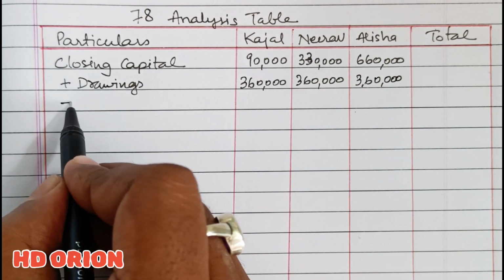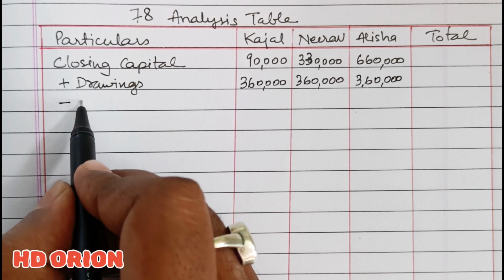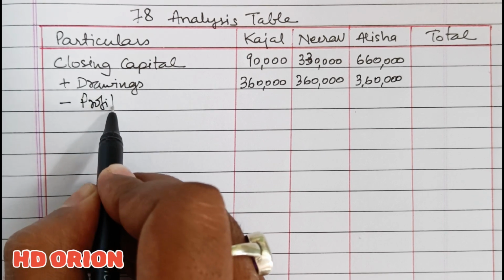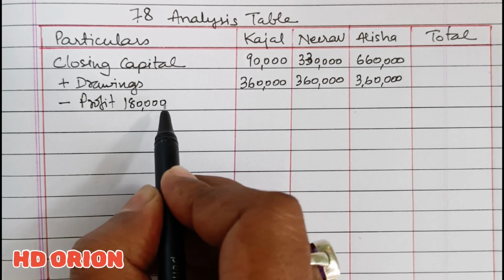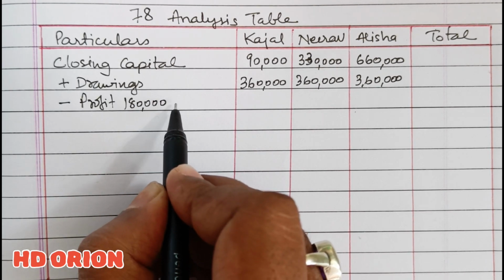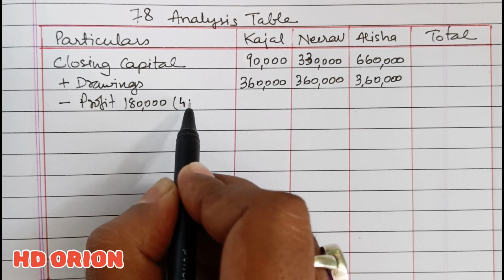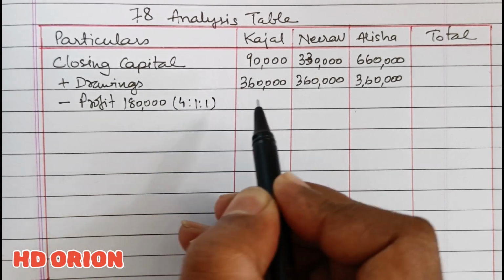and we will deduct the profit of rupees 1,80,000 which was given to the partners in the wrong profit sharing ratio, that is 4:1:1. Fine.